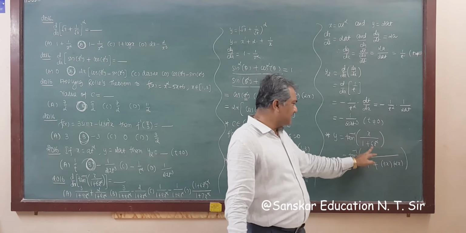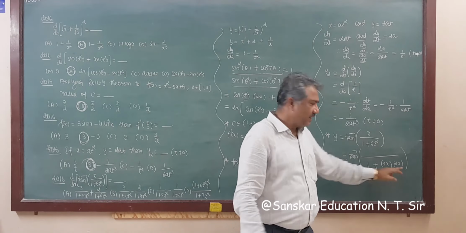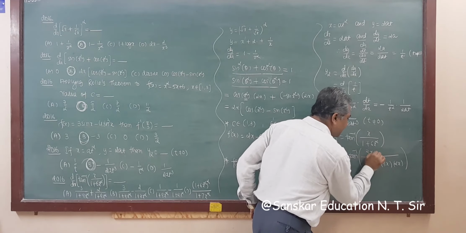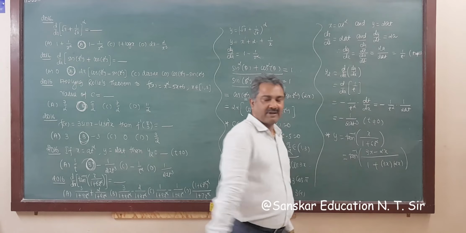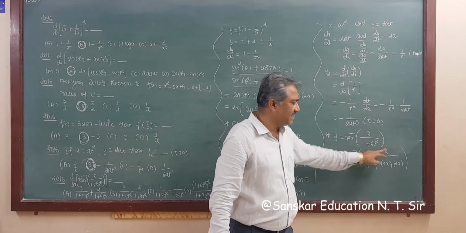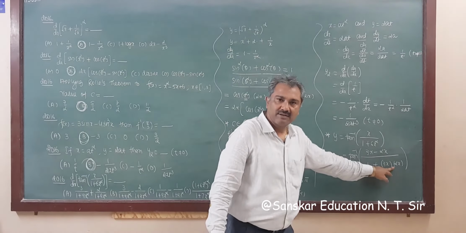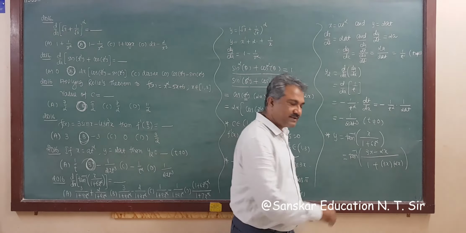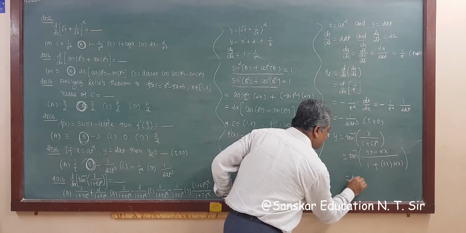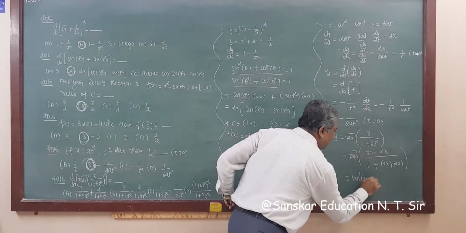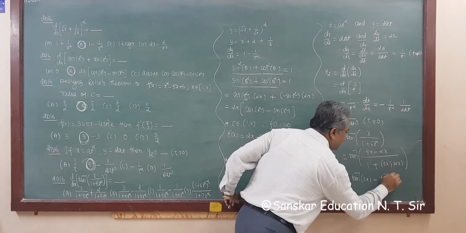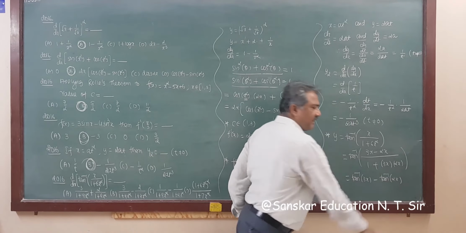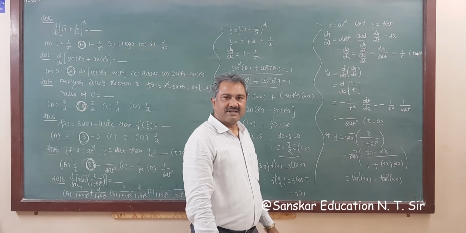I am splitting this 6x square as 3x into 2x. Now, 3x minus 2x upon 1 plus ab, that is tan inverse a minus b upon 1 plus ab. That is the formula of tan inverse a minus tan inverse b.